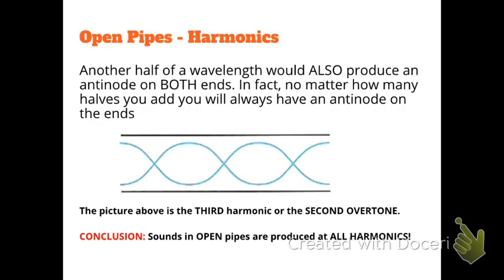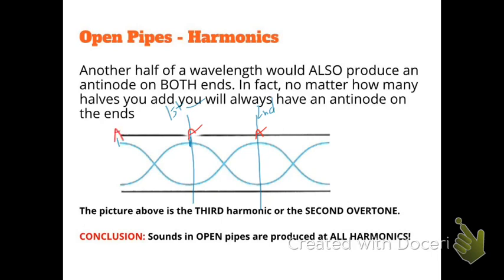We're going to do it one more time. I'm going to use lines this time. Right here, that's our first harmonic, right? And there's a node here, and there's a node here, so we can hear. Do it again at the next one. If I double that, here's my second. Note that the end of the pipe here is an antinode, and this is an antinode, so we can hear at all these places.